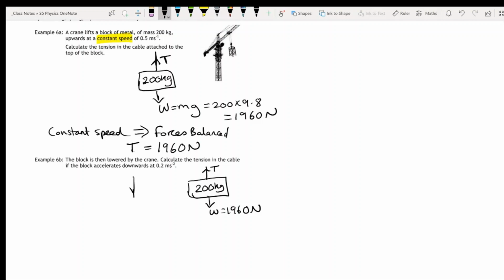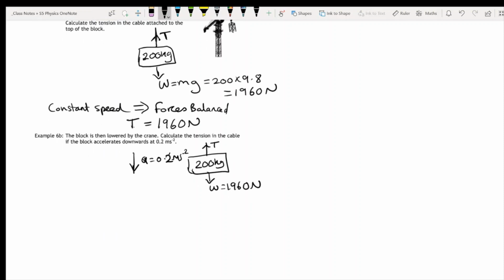And we've got an acceleration downwards, 0.2 meters per second squared. So if we're going downwards, we probably want to take the downwards arrows to be positive and the upwards arrows to be negative. So we've got F equals ma, our unbalanced force.